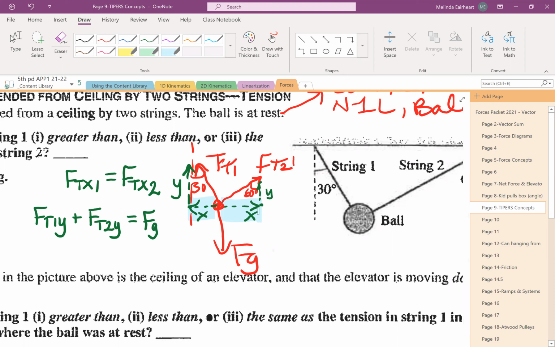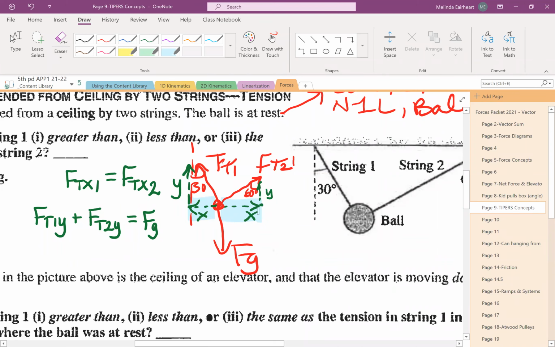So with those closer to scale, look at our picture. Who's a bigger vertical component? String 1. Again, they both have the same x. String 1 has a bigger vertical component.